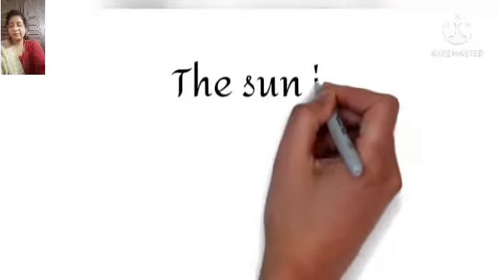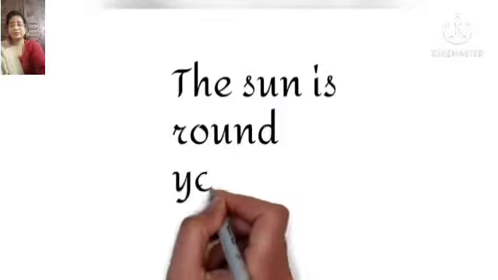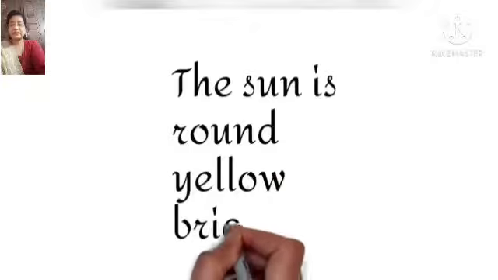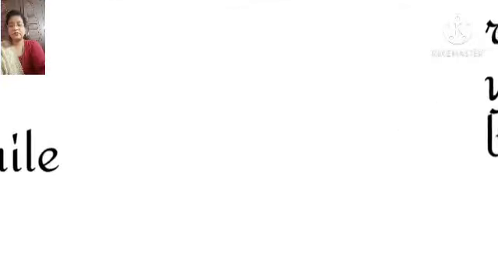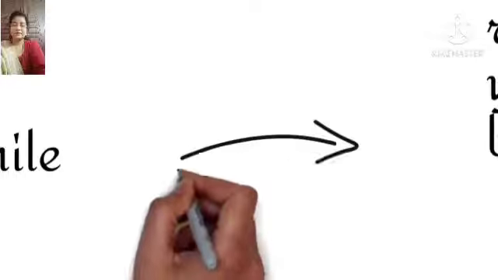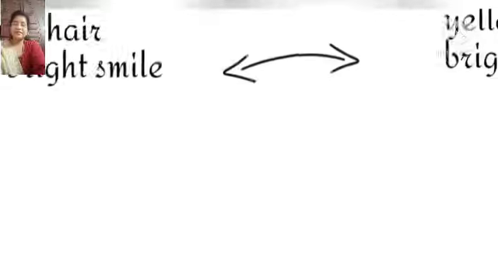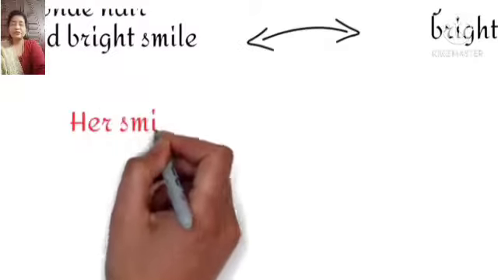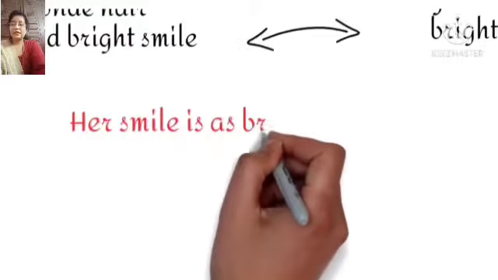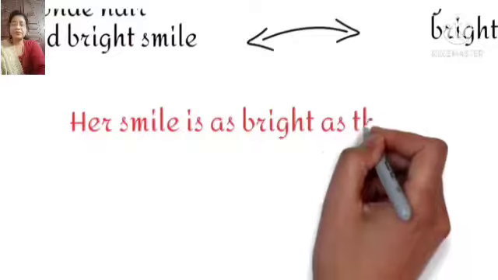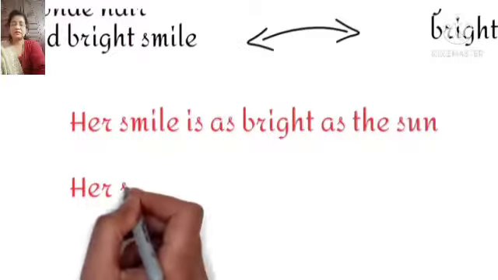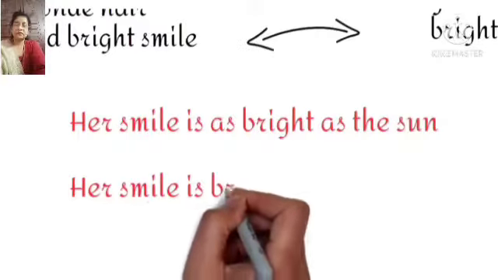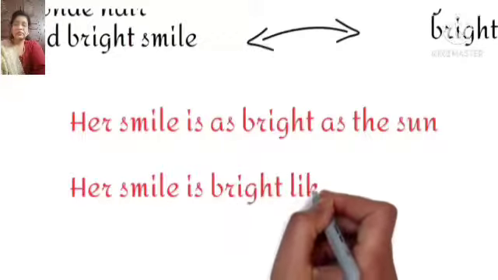So if you observe the sun, it is round, it's yellow, and it is bright too. So if you compare the two pictures, the adjective that matches in these two pictures is bright. So we can say her smile is as bright as the sun, or her smile is bright like the sun.